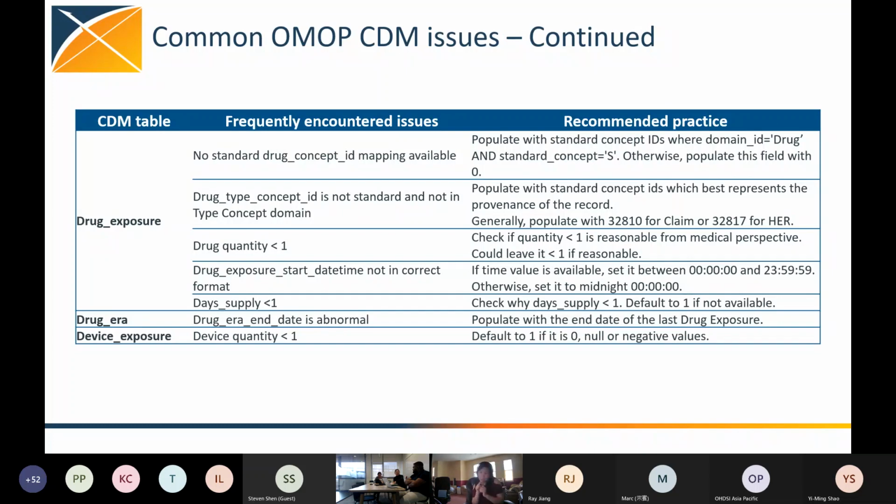But when I see 0.083333, I start wondering, is that really a valid value? So within your group, you can write code to say, give me the distinct list of drug quantities that are less than, let's say, a third. And then you can look at that and ask, do these really make sense?